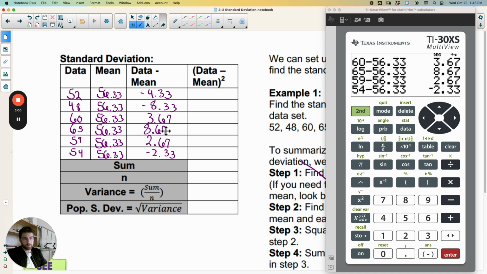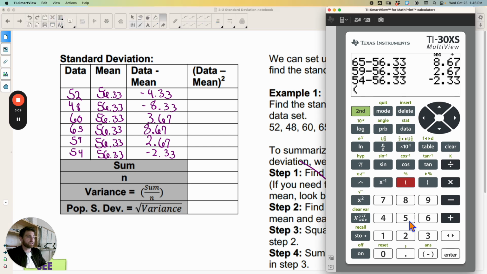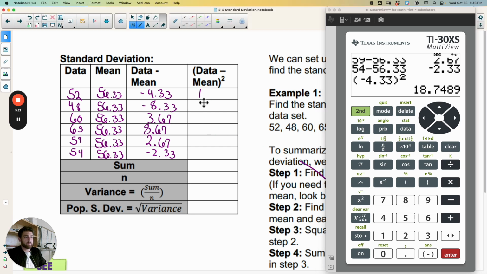And now what we must do is square each of these values. Now remember, anytime you square a negative, it's going to become positive. If you plug that in your calculator, once I go through here for this last column, I've got to square each of those. And if it's a negative, you've got to make sure you plug in parentheses. So that'll be 18.75, and I'm still going to round to 2 decimal places.